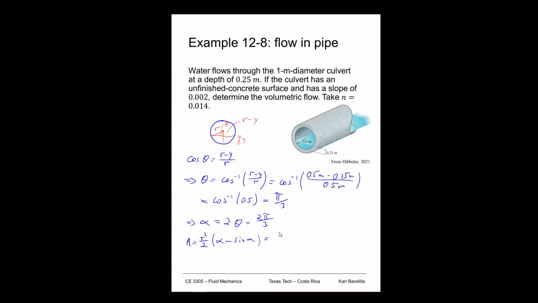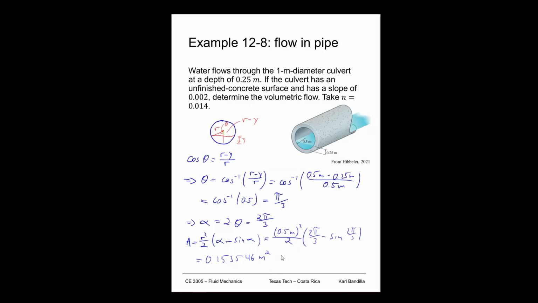Let's plug it in. That'd be 0.5 meters for our radius squared, since we had a 1 meter diameter, divided by 2, and then times 2 pi over 3 minus sine of 2 pi over 3, and that is equal to 0.1534546 meter squared.